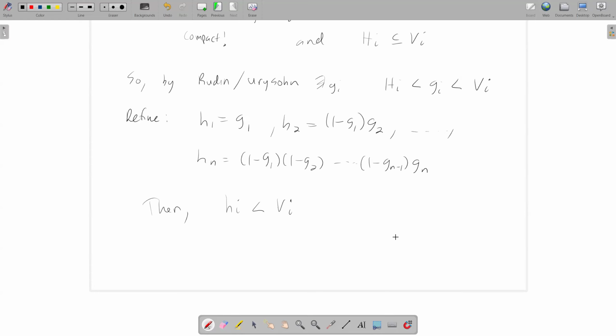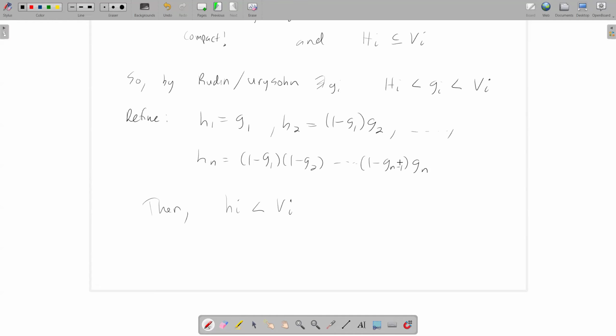And then if hi is not equal to zero, then all of these factors have to be nonzero, including the last one.